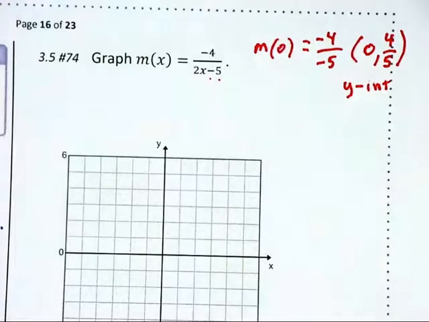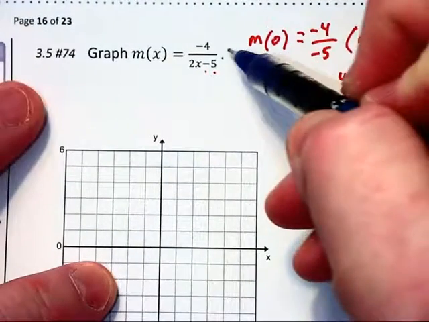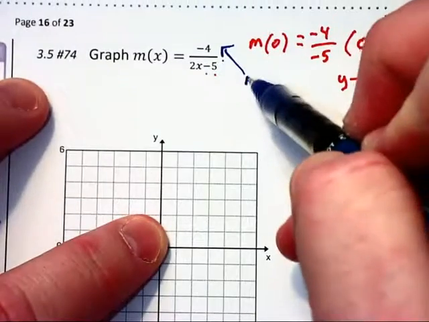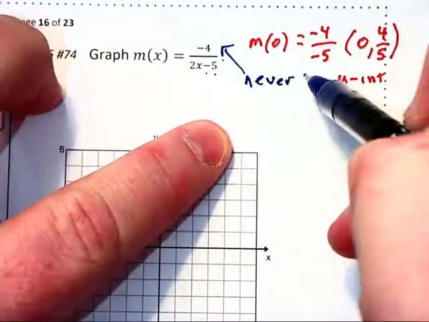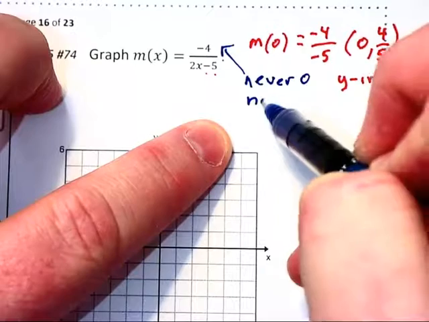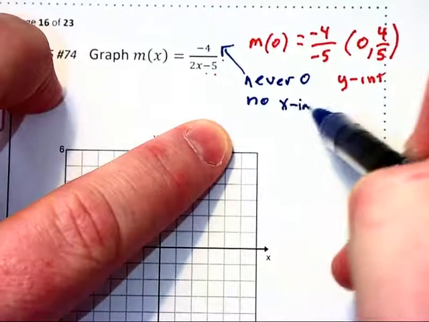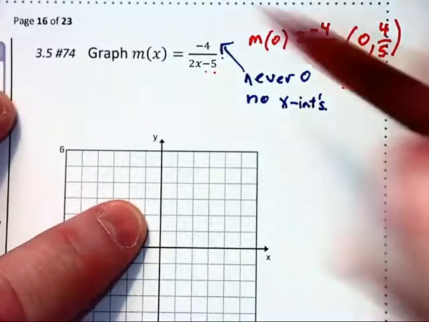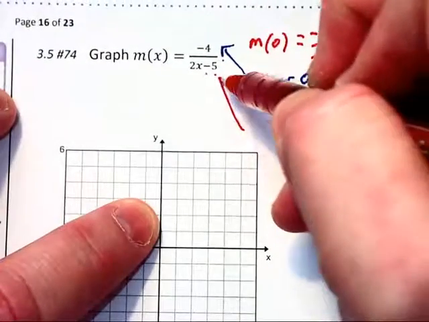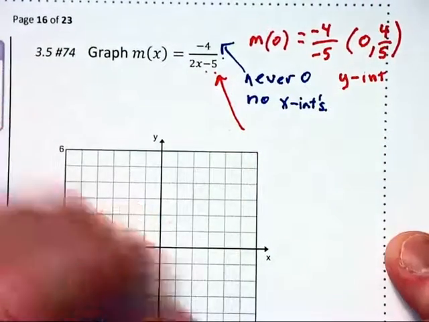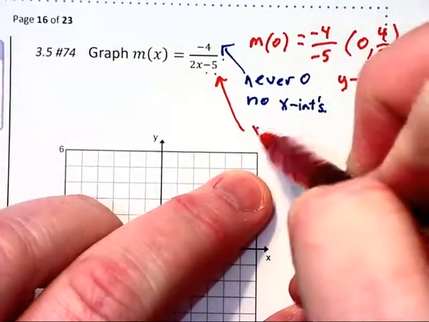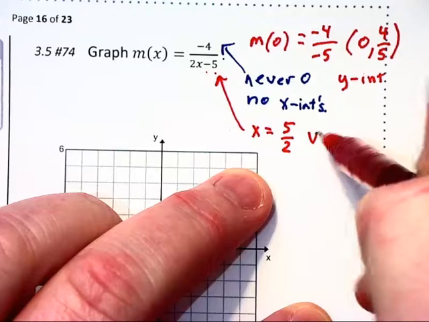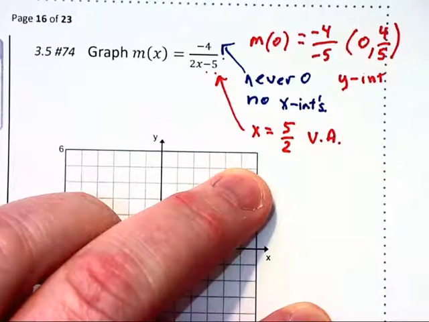Then I look at the numerator, and I set it equal to 0, and it is never 0. And that tells me there are no x-intercepts. I then look at the denominator. The denominator tells me about the vertical asymptotes, and I can see that x equals 5/2 will be a vertical asymptote.